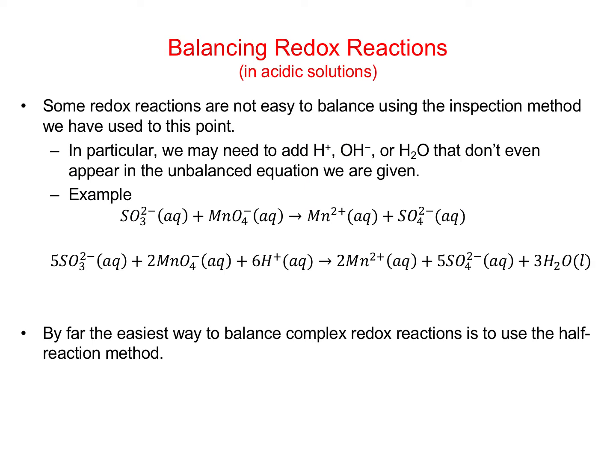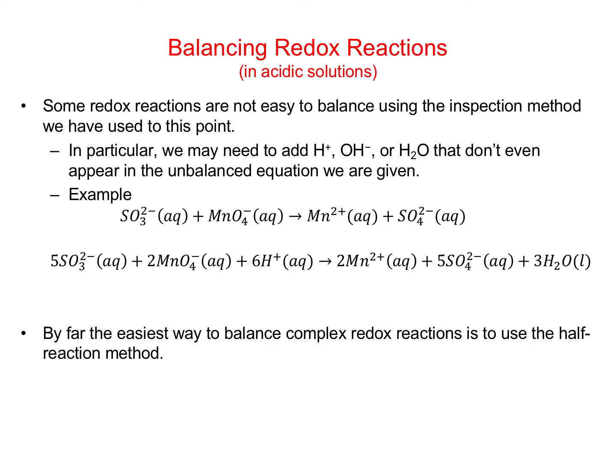A lot of redox reactions are not easy to balance using the simple inspection method we've been using to this point. In particular, what makes it hard is sometimes we need to add H+ ions, hydroxide ions, or waters that don't even appear in the unbalanced equation that we're given.